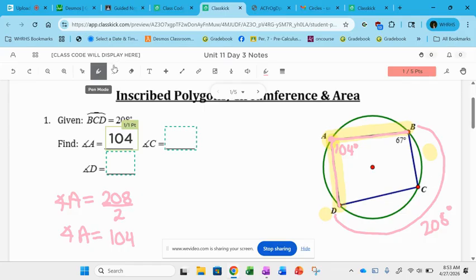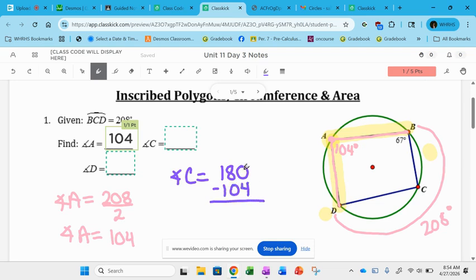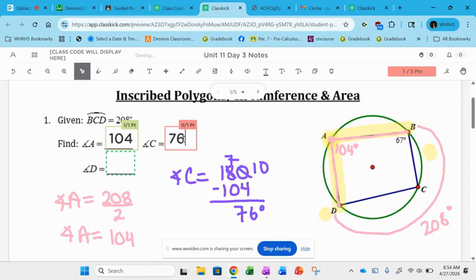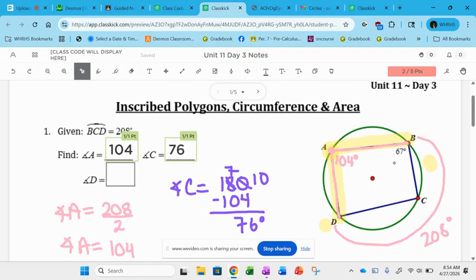180. So the next thing we want to do is find angle C. If I'm finding angle C, wouldn't angle C be across from angle A? So I do 180 minus 104. I'm going to need to borrow here, and we get 76 degrees for angle C. And how do you think we're going to find angle D?